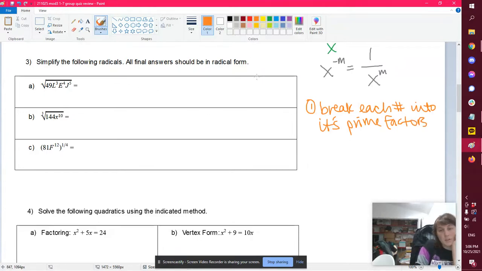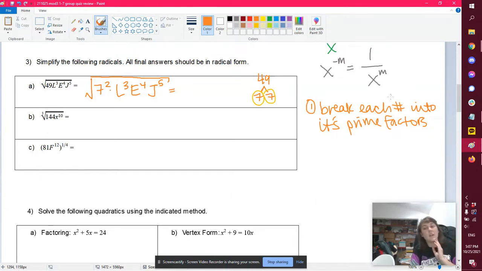By this, I mean we'll start with 49 over here. 49 is 7 times 7, and then these are each prime. So we want to rewrite this as 7 squared, L cubed, e to the 4th, j to the 5th. I want to rewrite my number as a prime factor. And rewrite.